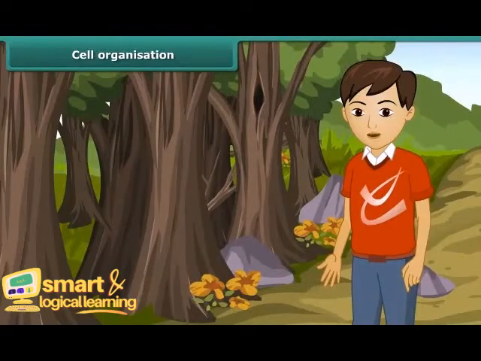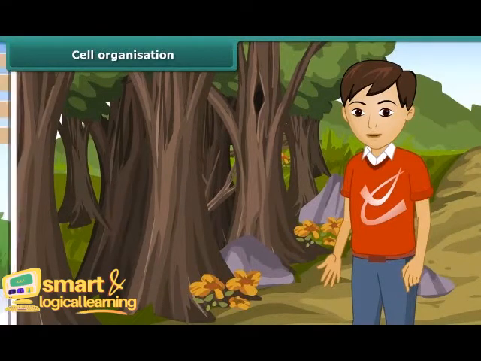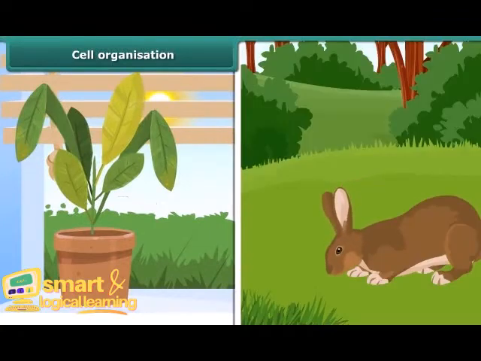Now we will study important characteristics of living organisms that differentiate it from non-living things. All living organisms, plants or animals, are comprised of cells. They may be unicellular or multicellular, depending on the number of the cells in their body.